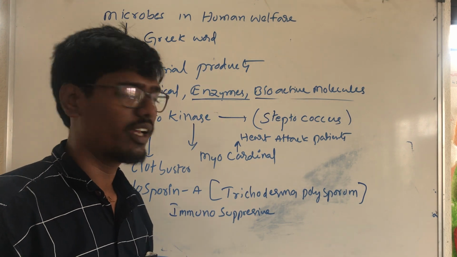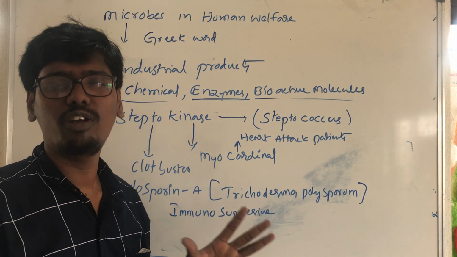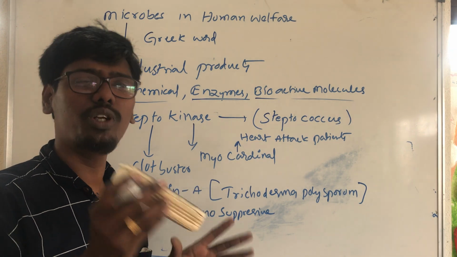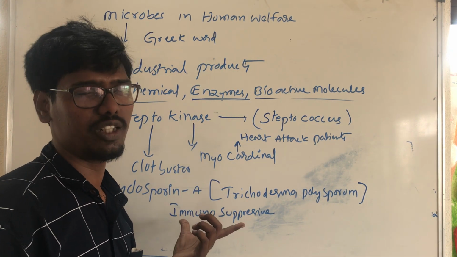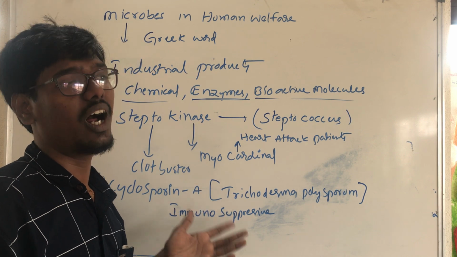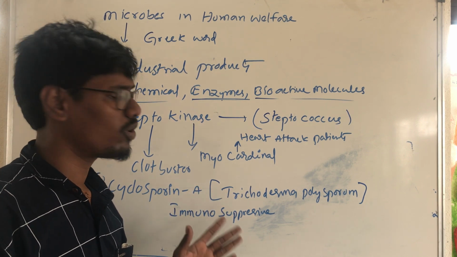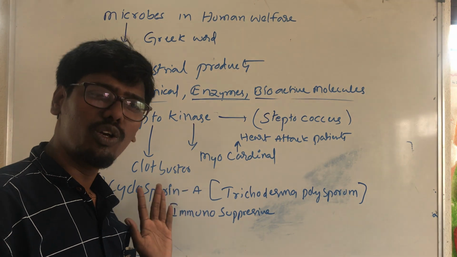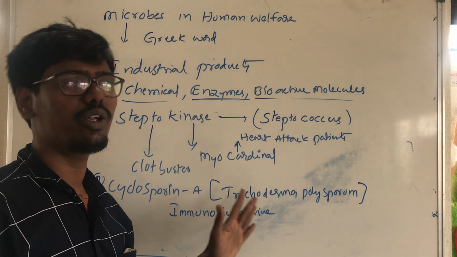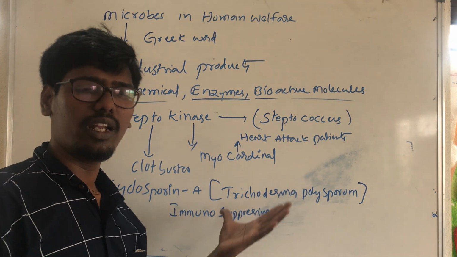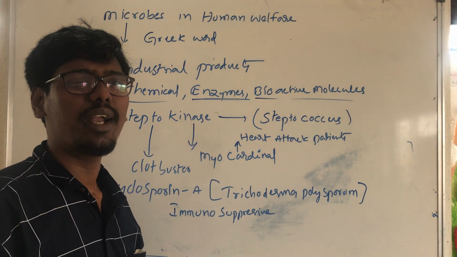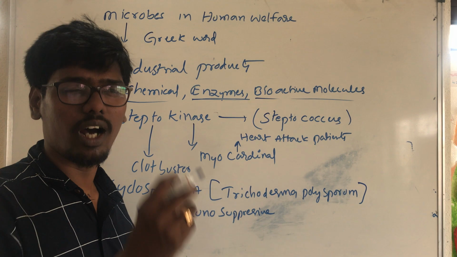So cyclosporin A is given to help transplant the organ easily. Because another organ enters our body, our antibodies do not accept that organ.